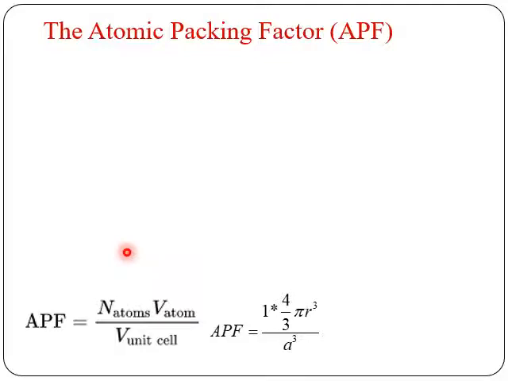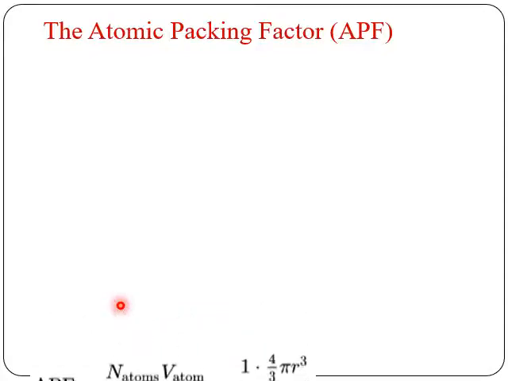It's not a simple number, it's an effective number of atoms. V atom is the volume of atoms, that is 4 by 3 pi r cube. This will remain the same, and V unit cell is the volume of a unit cell. So if it is a cubic crystal, then this also will remain the same. Only the variant in this one is n atoms. So depending upon the crystal structure, the effective number of atoms will change.